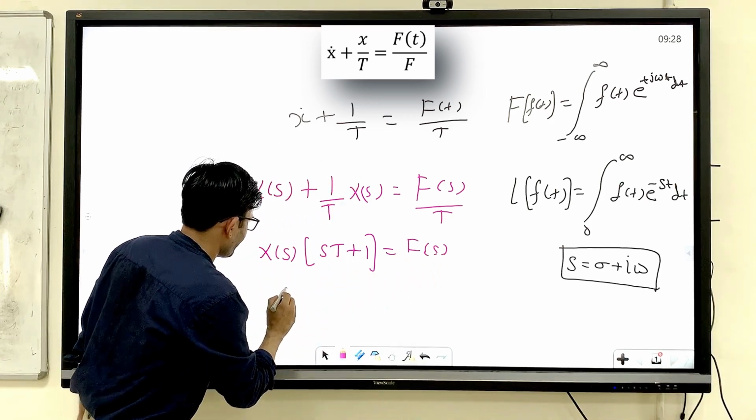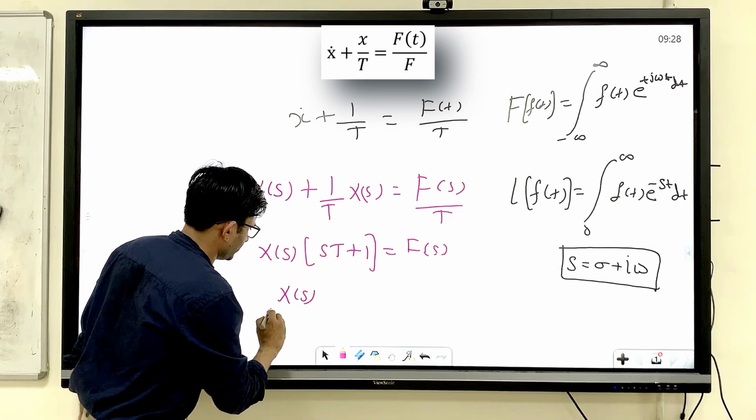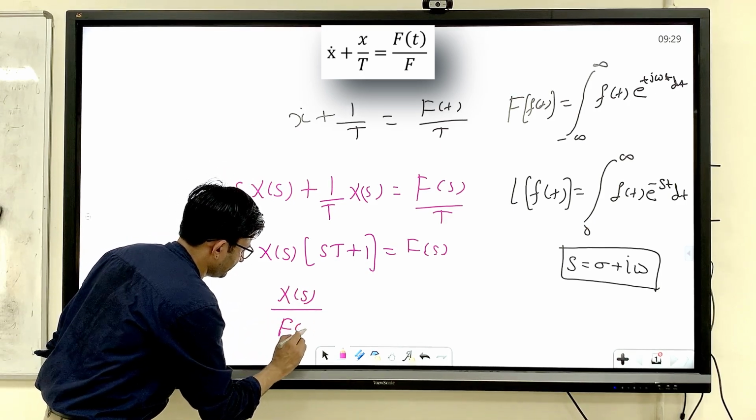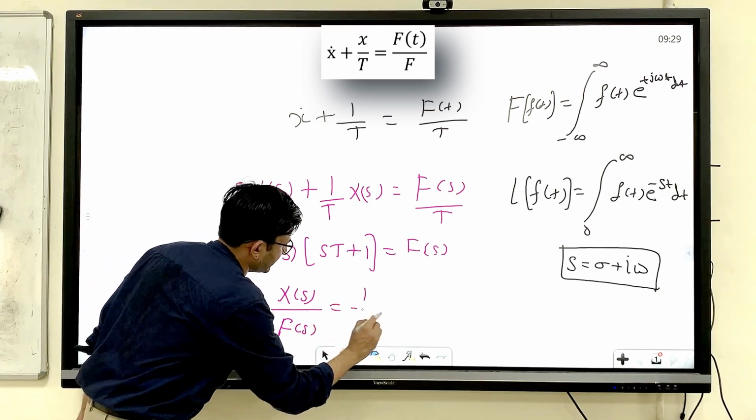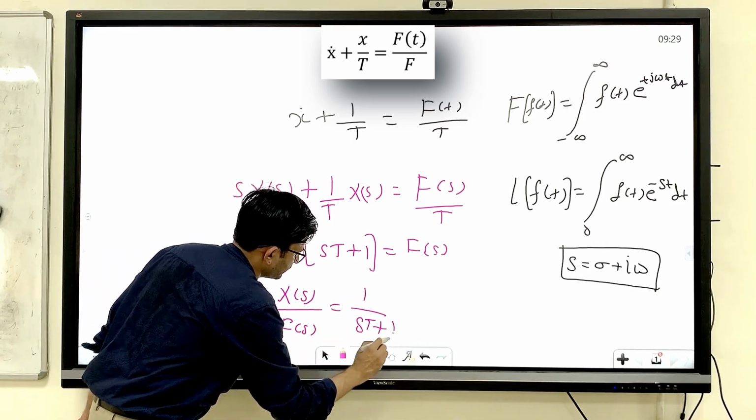If you write output by input, it is 1 upon Ts plus 1.